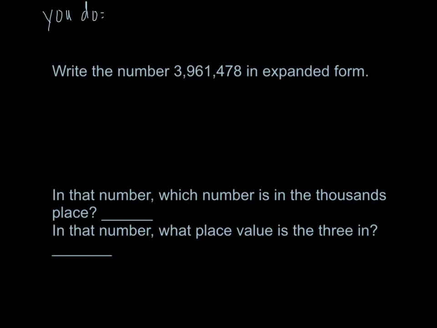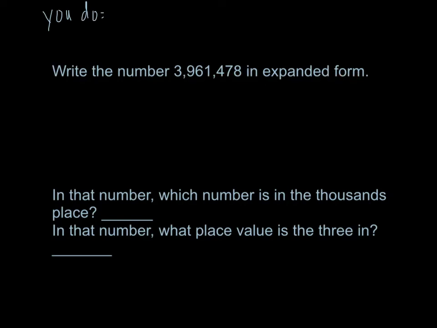Okay, so now that I'm playing again, I'm assuming that you got an answer for all of these. So the first part wanted you to write the number 3,961,478 in expanded form.